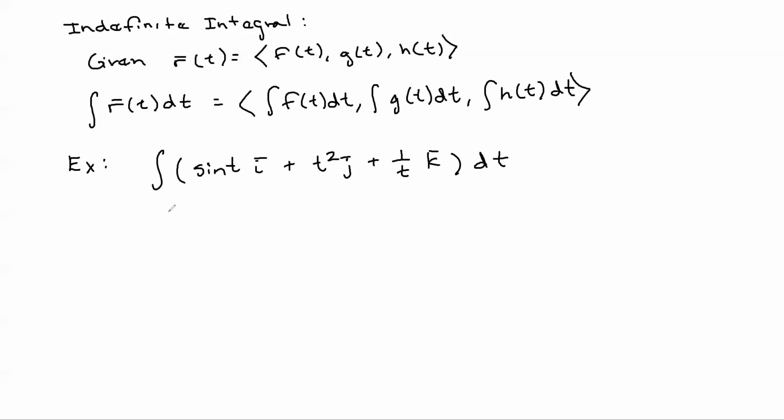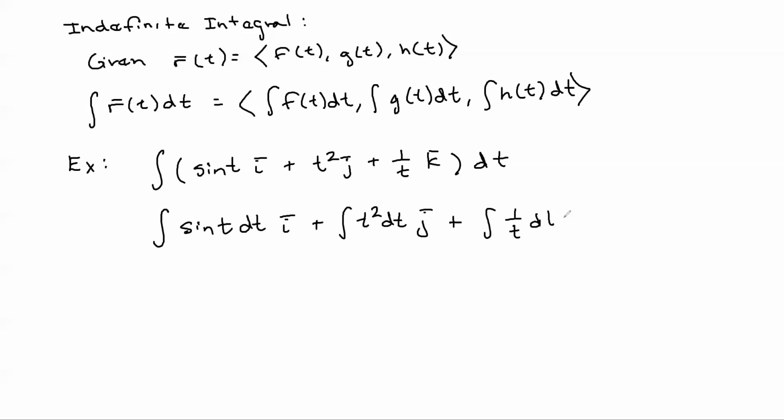All right, so the way you're going to do that, you get the integral of sine t dt times i plus the integral of t squared dt j plus the integral of 1 over t dt k. And right, so the antiderivative of sine t is negative cosine t i.